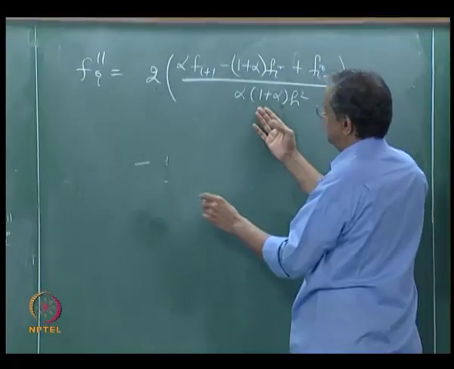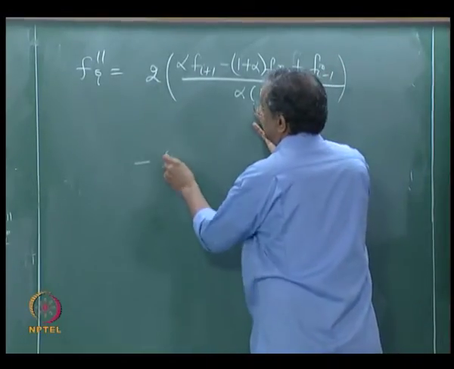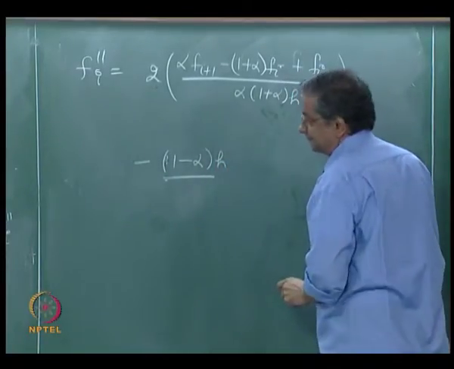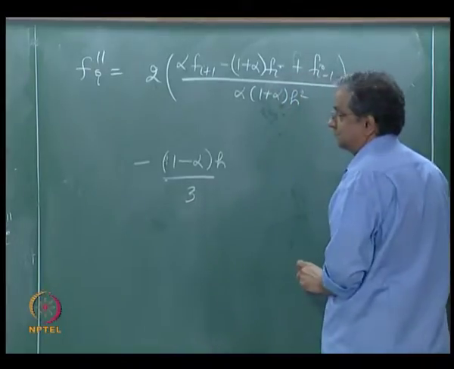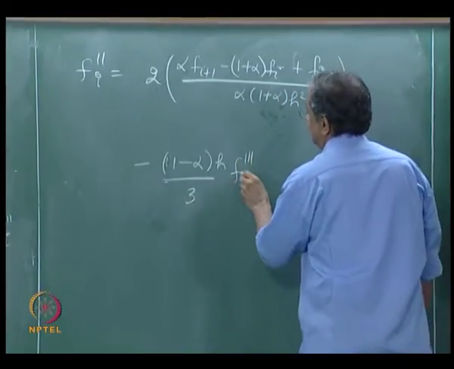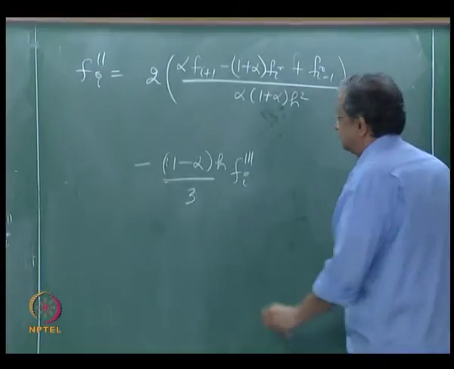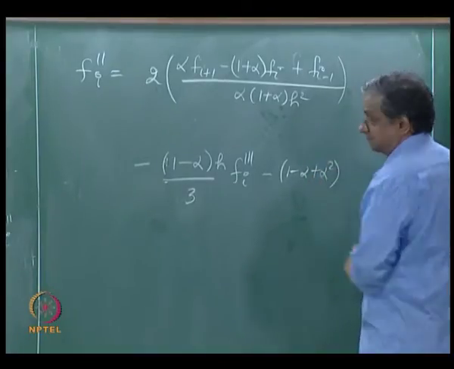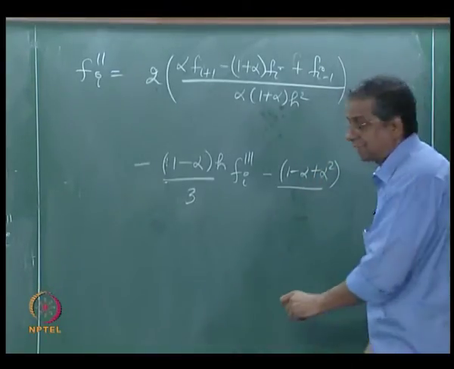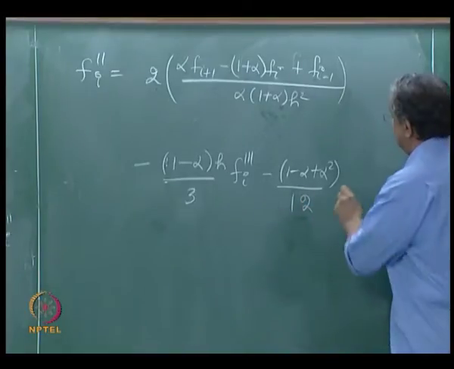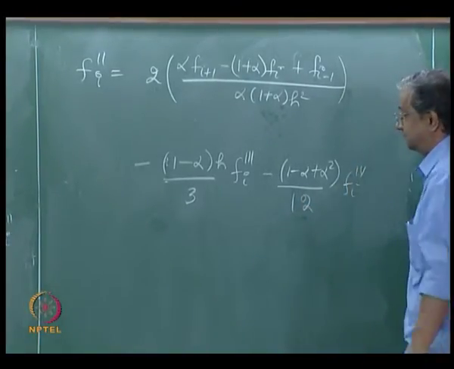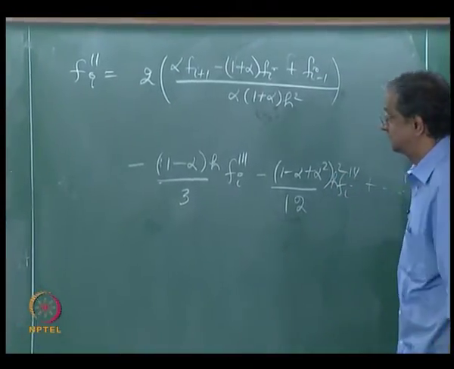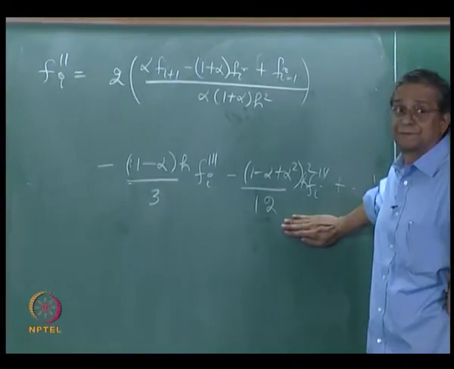I have divided by alpha into 1 plus alpha, so it gives me a 1 minus alpha h by 3 times the third derivative at i, and this gives me a minus 1 minus alpha plus alpha squared, a little algebra, fourth derivative at i, and there is an h squared here, and this is the difference.